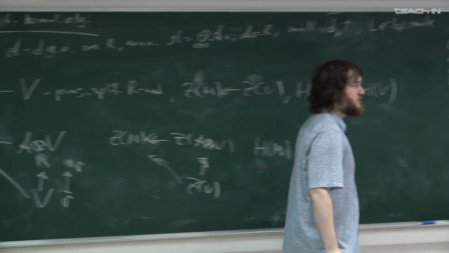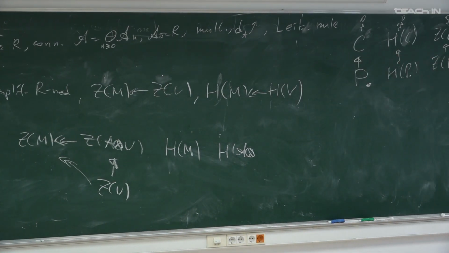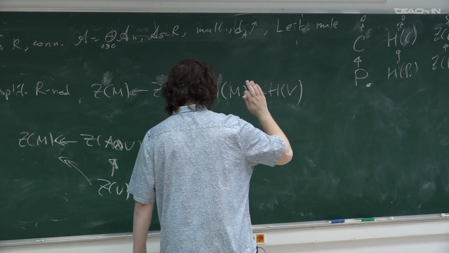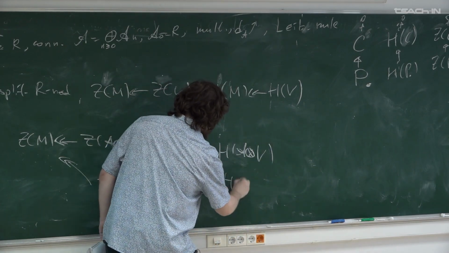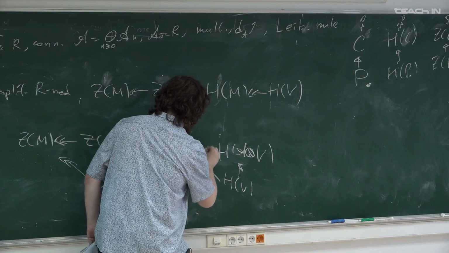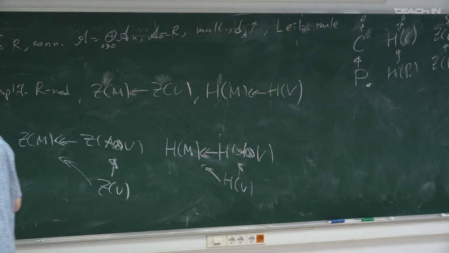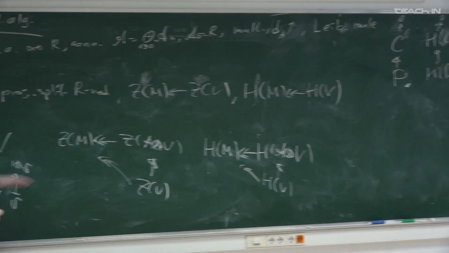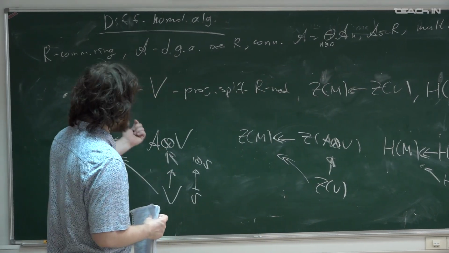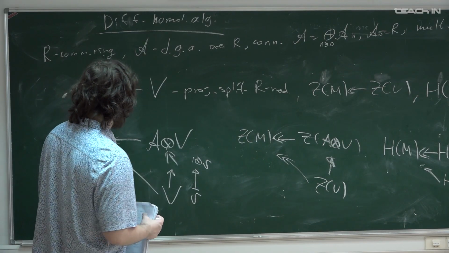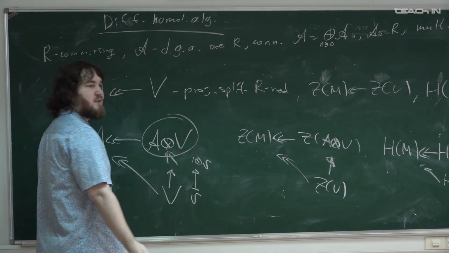If it's surjective on cycles and I say that it's exact, okay, then on cohomology it's also surjective. So I obtain an epimorphism, which is an epimorphism on cycles, and additionally on homologies. Okay. So it's a proper epimorphism from a proper projective module, and it's enough.